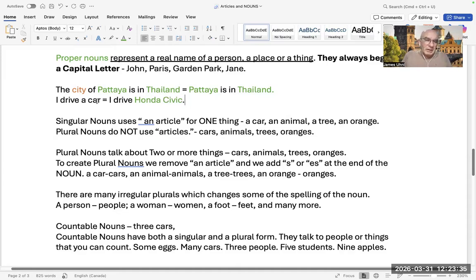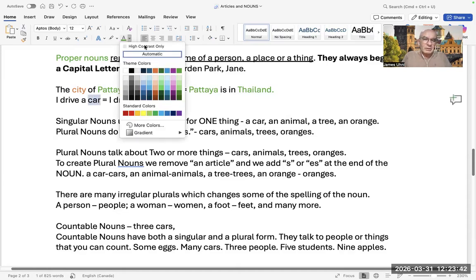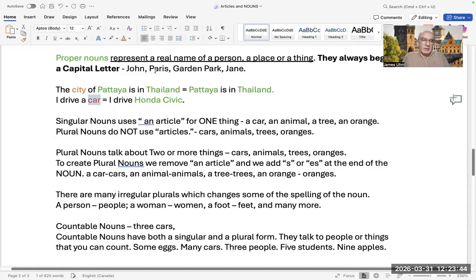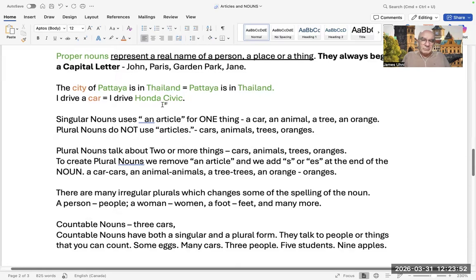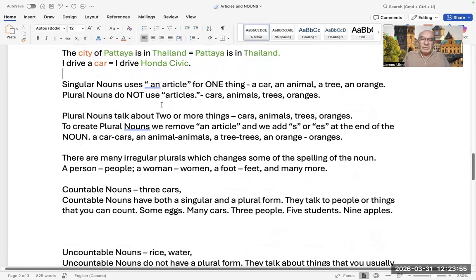But if I say I drive a car, it can be anything that has four wheels, an engine, and looks like a car. It can be a slow car, it can be a sports car, it can be what we call, for example, a dune buggy, which is not a car for the road.